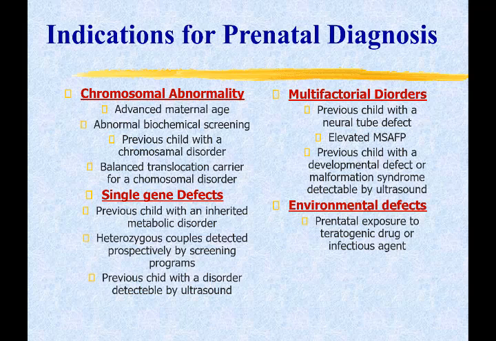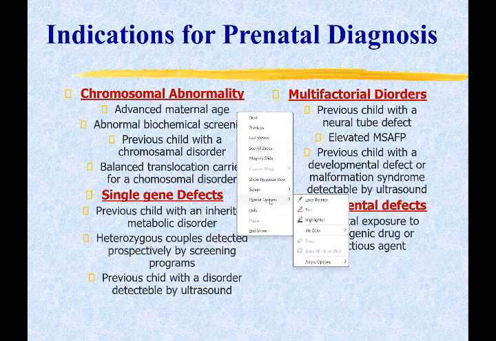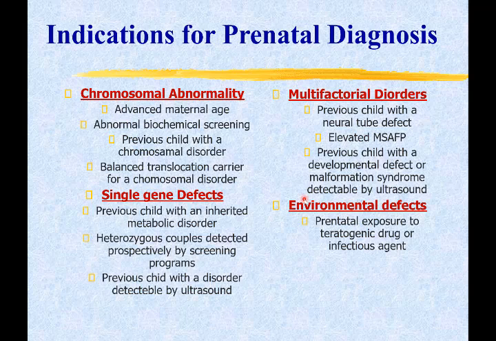Chromosomal abnormality, when you have advanced maternal age. Usually the high risk advanced maternal age is about 35 years and older. I will give you the exact age and the risk for Down syndrome, for instance, in the later slides.